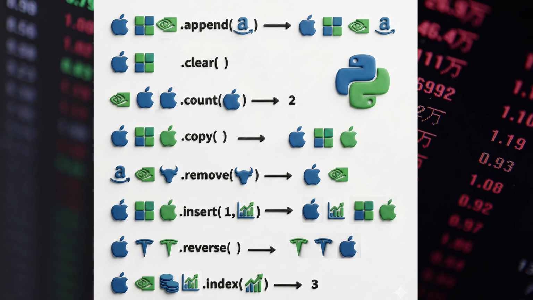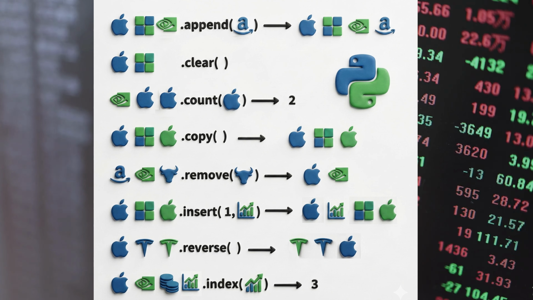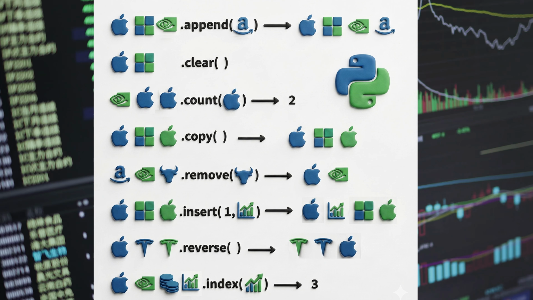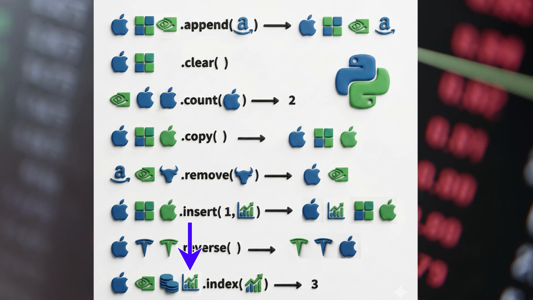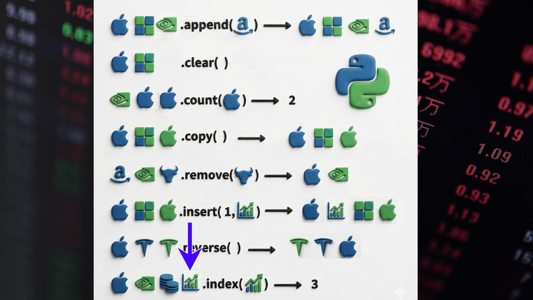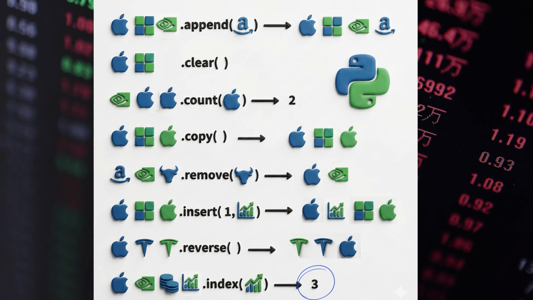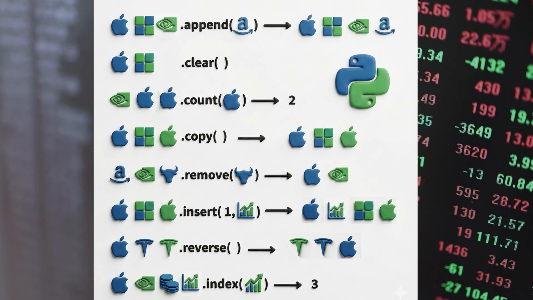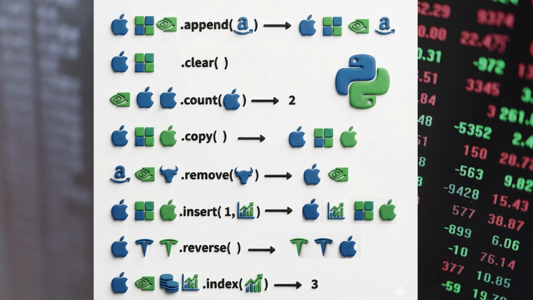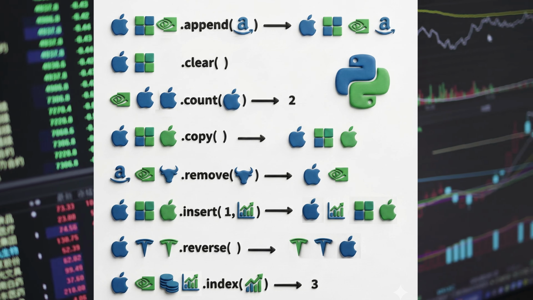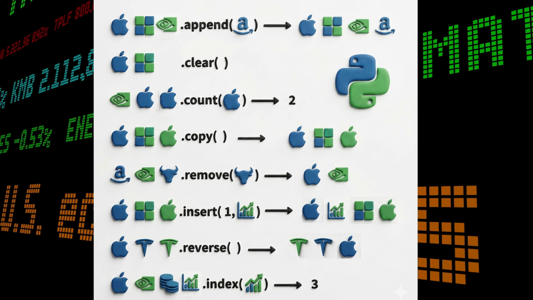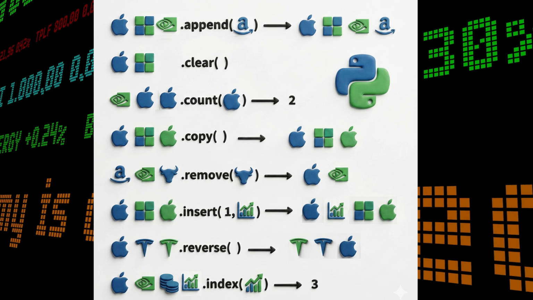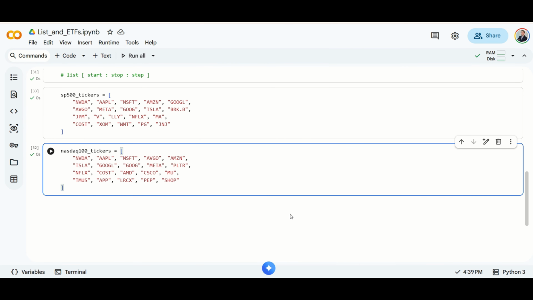If you need to know exactly where a specific price occurred in your history, the coordinates of the event, you use .index. This returns the index of the first item with that value, telling you exactly where that data point is located within the structure. Build, clean, analyze, locate. These are the verbs of the Quantified Self-Financier. Let's open our environment and put them to work.